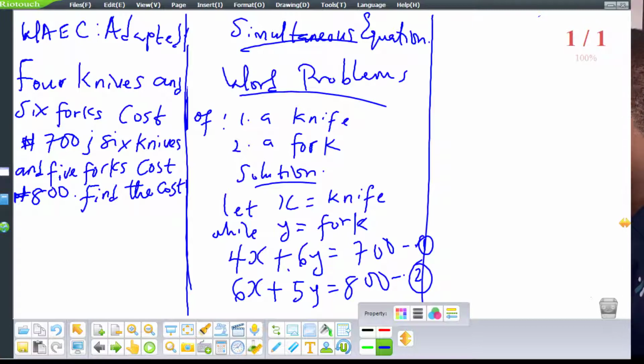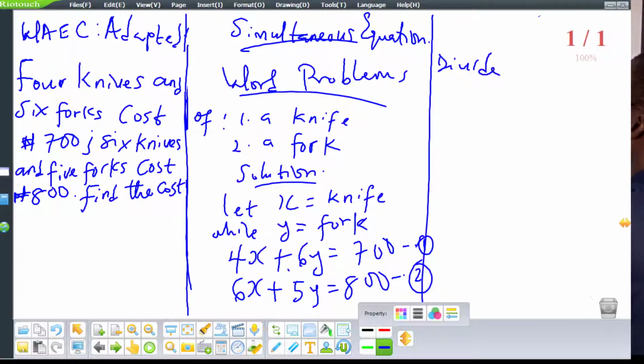So which method do we use? We could use substitution, elimination, or the graphical method, but it's safer to use elimination. But before that, we could still simplify equation 1 further into simpler terms.